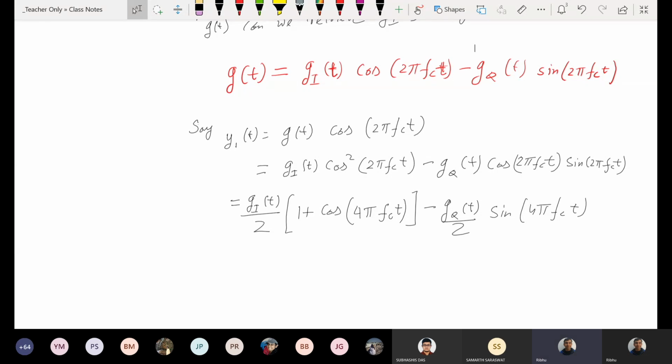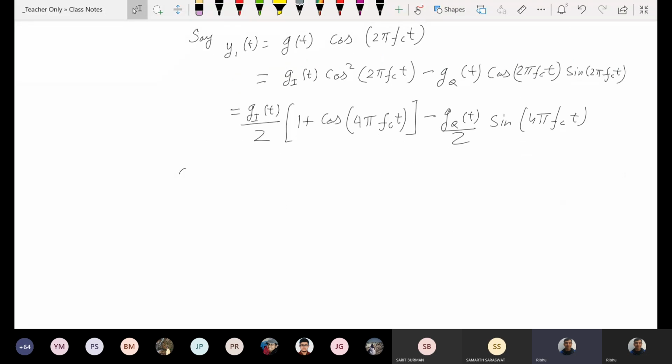So we can do low pass filtering on the resulting expression. Exactly. See, we know that, in the last lecture we said that gI(t) and gQ(t) are low pass signals. Fine.